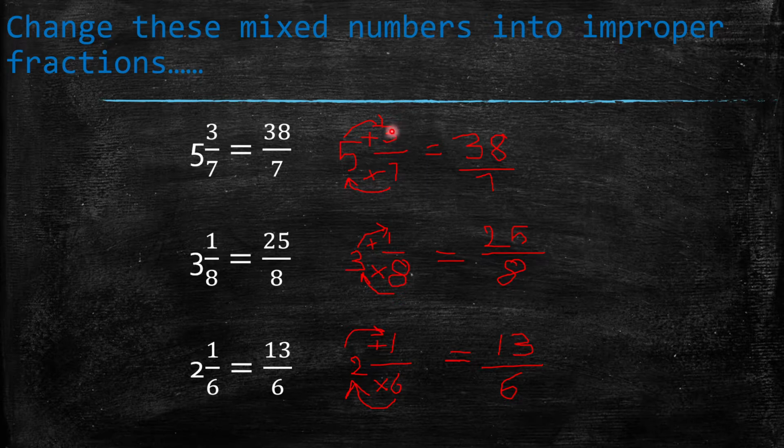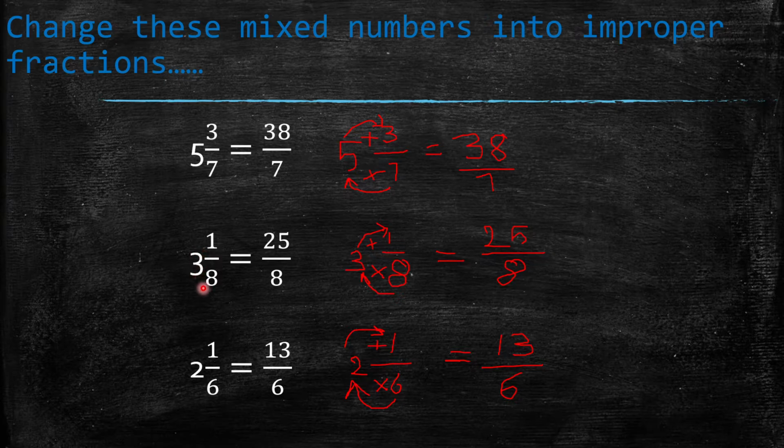So it's 38/7. We do this because 7 is 1 whole. Out of 7 is 1 whole, so there are 5 wholes. So we do 7 times 5 is 35, and 3 is the remaining one, so we do 35 plus 3, which is 38/7. So that's how we got our answer.